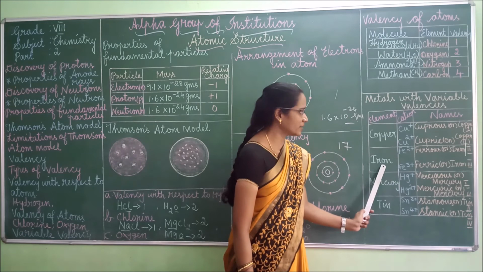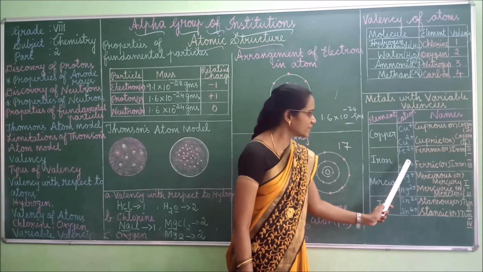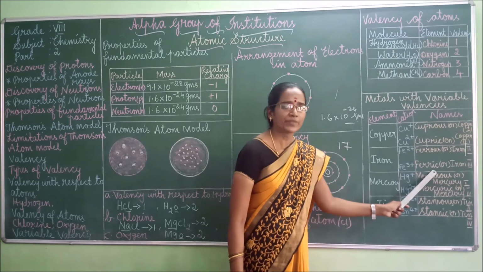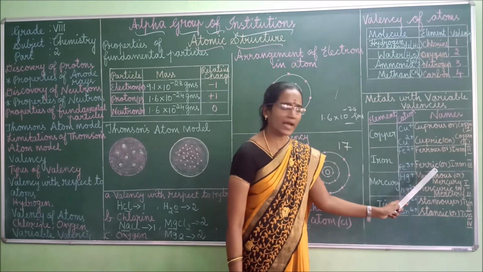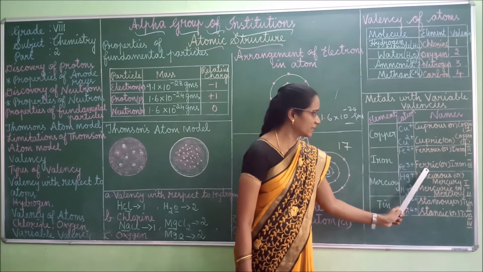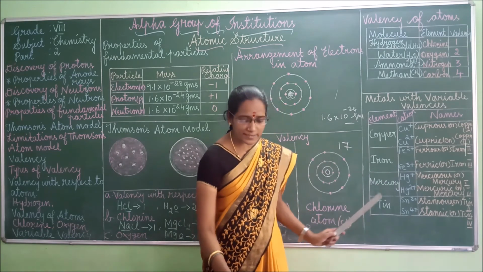Next one iron, right? Fe2+ as well as Fe3+. So this valency, 3+, is higher valency, isn't it? So we have to add IC. Ferrous or iron 2, and here ferric or iron 3, right? So next one, what is given?